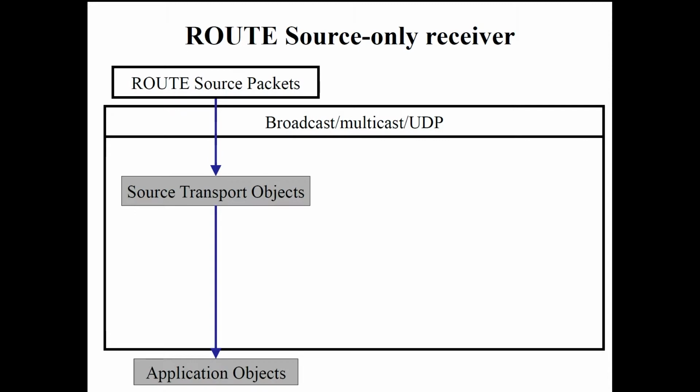On the receiving side, typically there's sort of 2 kinds of receivers you can consider. For legacy reasons, there may be receivers that actually don't have the FEC decoding capabilities built in, so those are source-only receivers. They can receive the original source packets and try to recreate the original source transport objects based on what's received, and then produce the application objects.